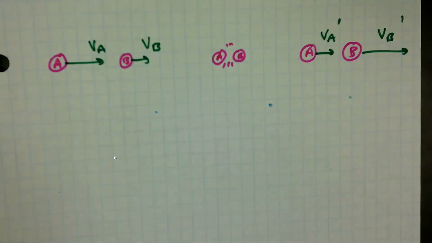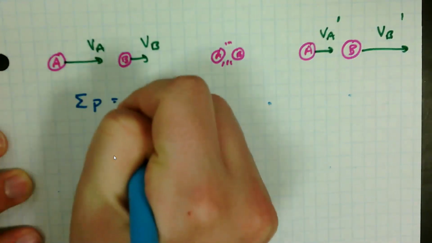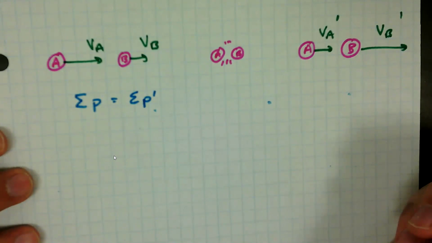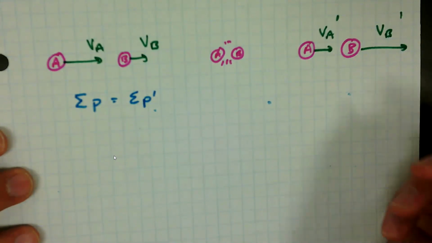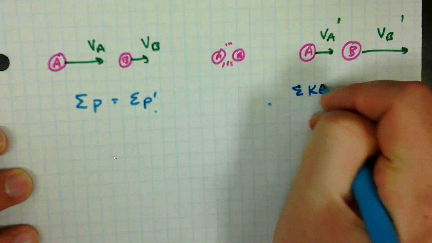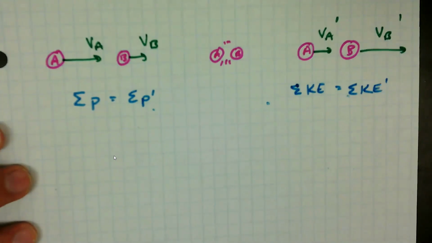I can conserve momentum, and what else do we say is conserved in an elastic collision? Kinetic energy. So the sum of kinetic energies equals the sum of kinetic energies prime.